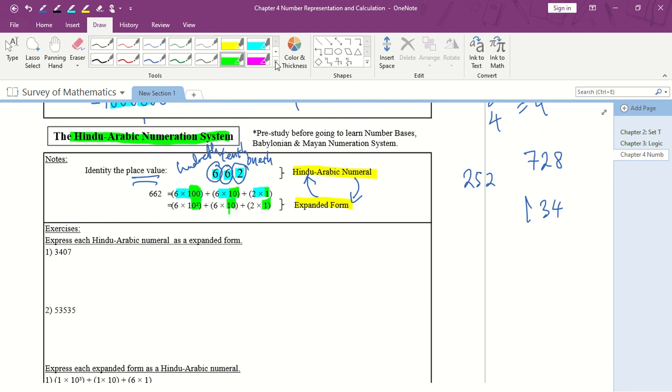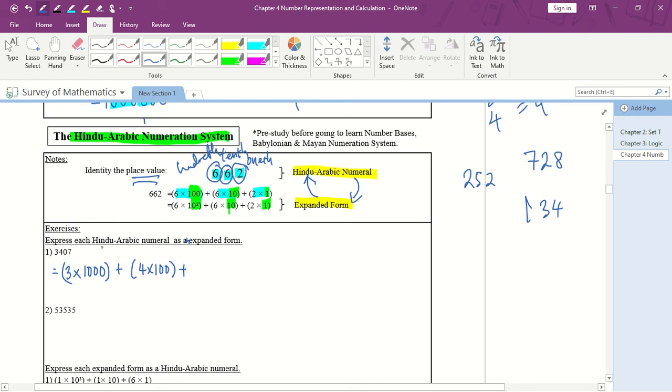Okay? So let's look at here. Express each Hindu-Arabic numeral in expanded form. So here, 3407. We know that 3 is 1, 10, 100, 1000. So it is 1000. Plus 4. We know it's 400, right? So 4 times 100. 0 is supposed to times 10.